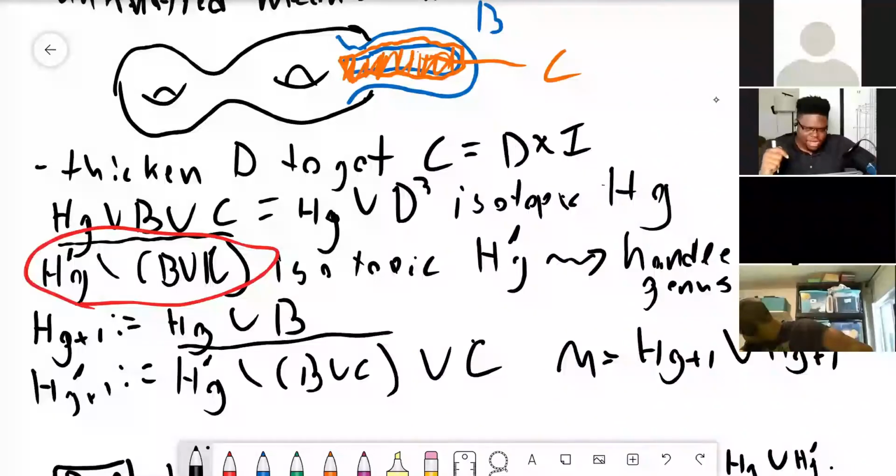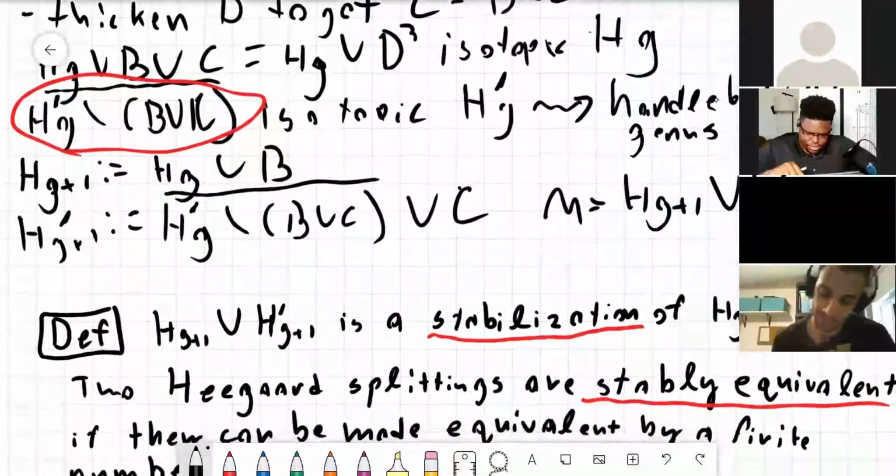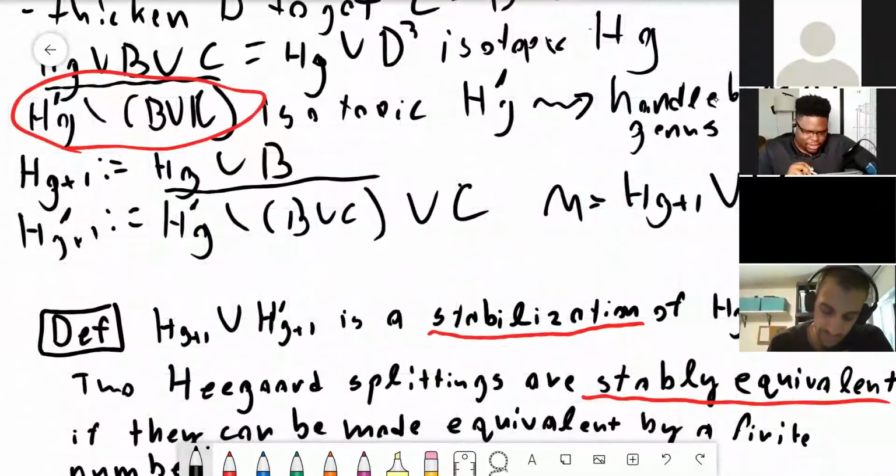So this entire process is called stabilizing, right? This Heegaard splitting is a stabilization of our original Heegaard splitting.